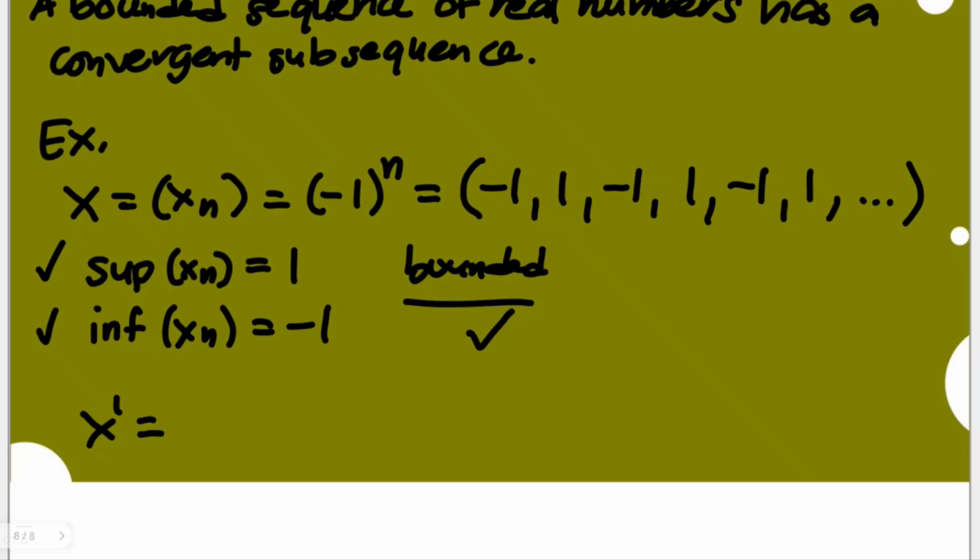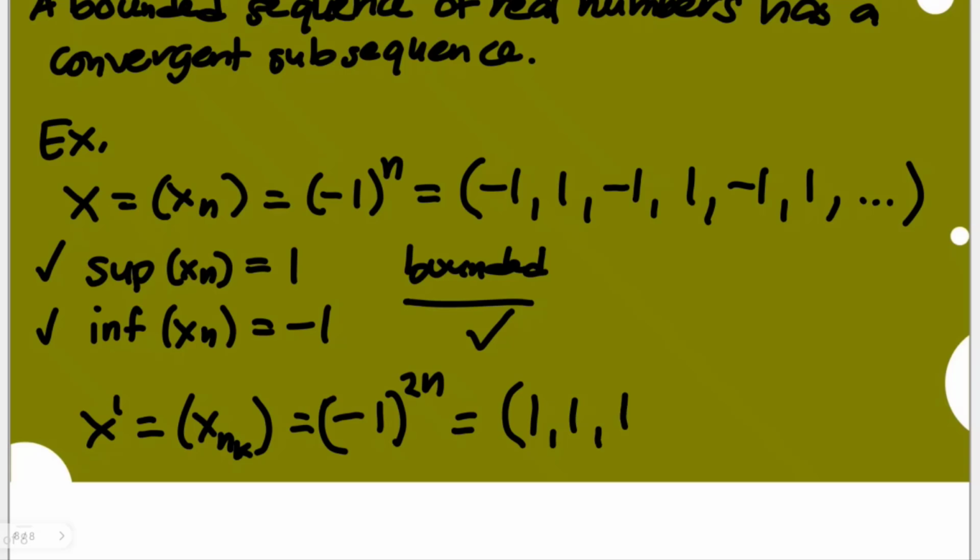Let us say this is x sub n sub k, which is the sequence (-1)^(2n). All of its elements: when n is 1, it's the power 2, so that's +1. When n is 2, that's 4, so 1, 1, and 1 here. So on and so forth.